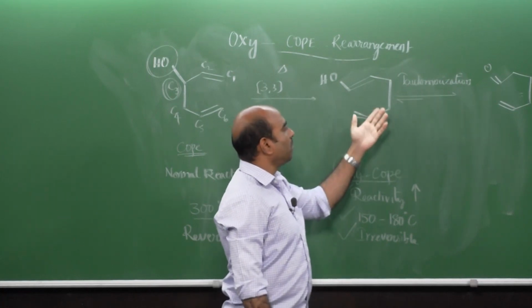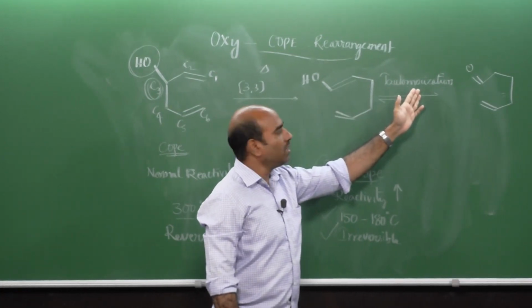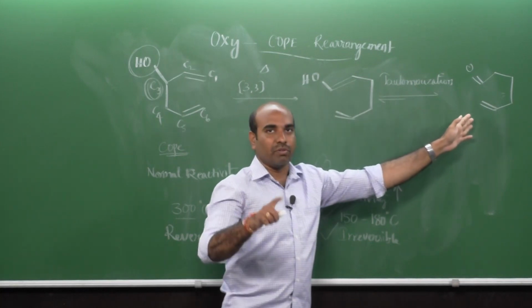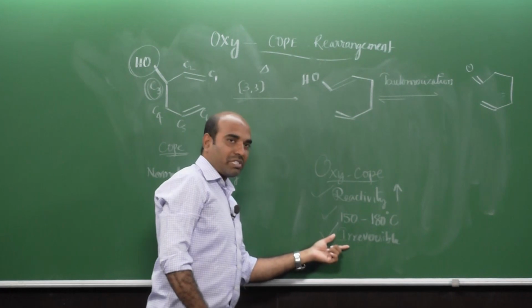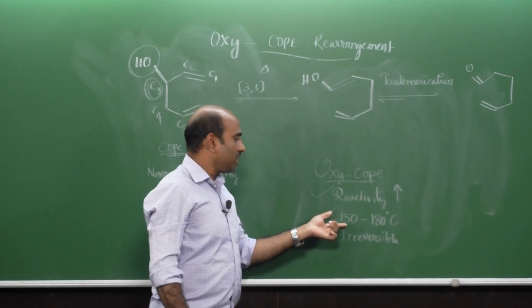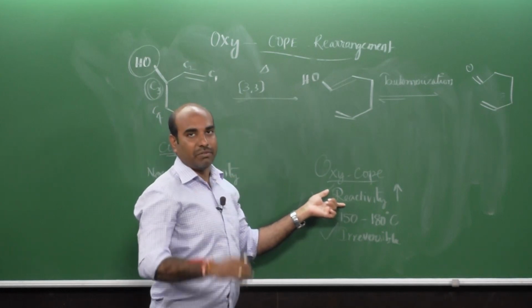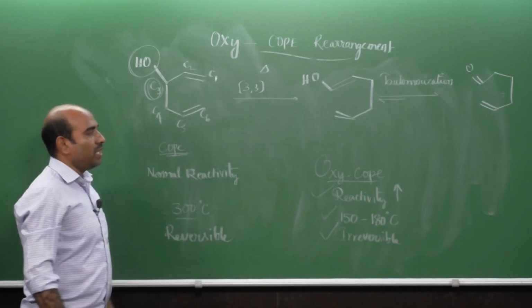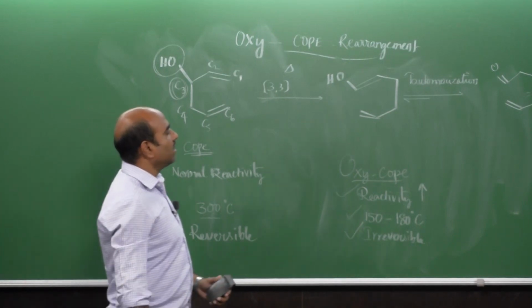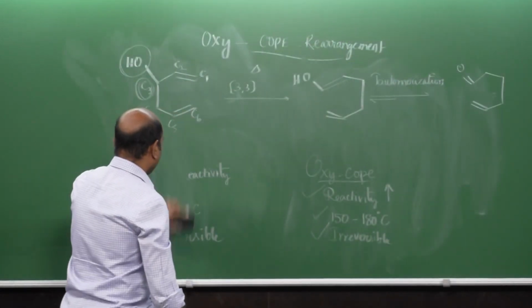This ability of the product to show tautomerization after the 3,3 sigmatropic rearrangement is the driving force for its irreversibility, for the decreased required temperature, and for the high reactivity compared to the normal Cope rearrangement.